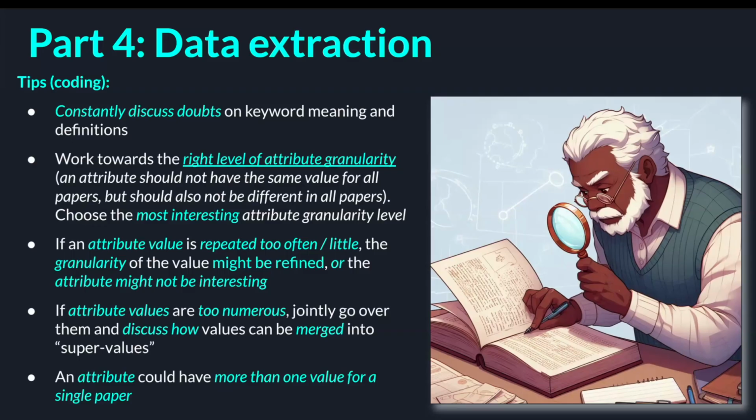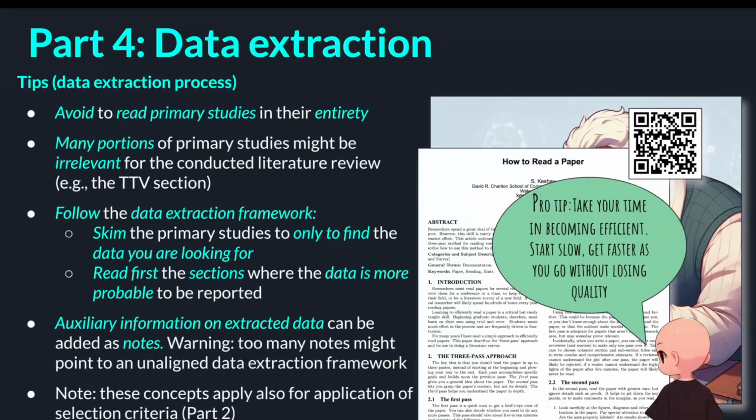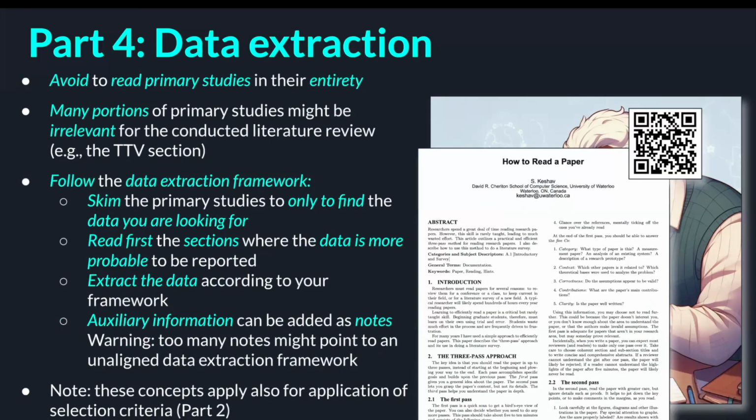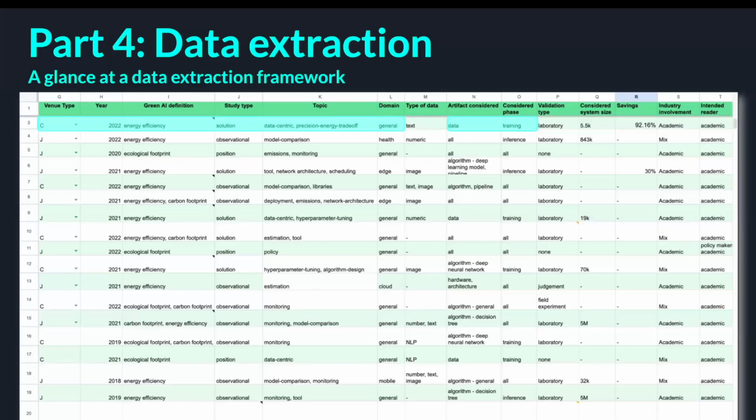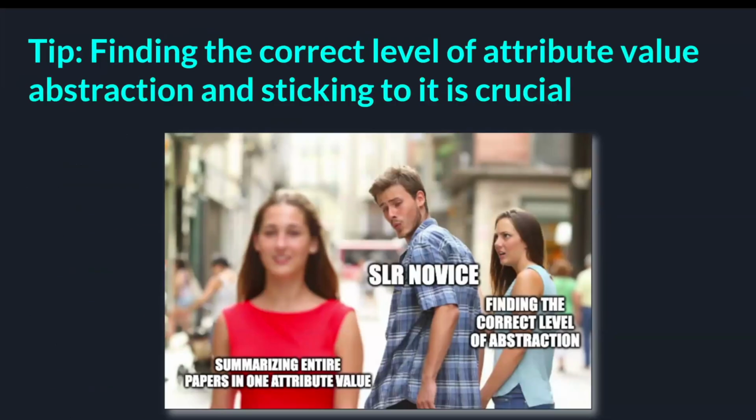And as a general thing, an attribute could have more than one value for a single paper, right? So for example, when we saw here, topic has multiple ones. It's not that it has to be one topic exclusively. According to my data extraction framework, I could have different labels to express what is really covered in that paper.